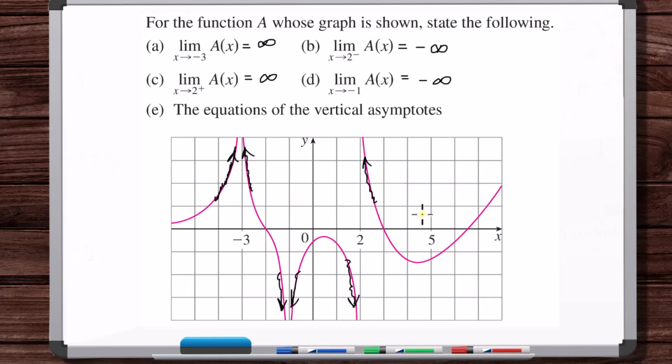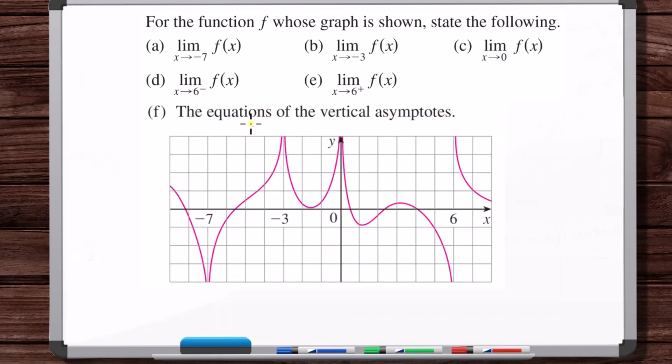So here we've got 3 vertical asymptotes. We have x is equal to minus 3, x is equal to minus 1, and x is equal to 2. Okay, it just so happens that both sides of these vertical lines have infinite limits associated with them, but all there would need to have been is just one side have an infinite limit associated with it, and you'd call that a vertical asymptote.